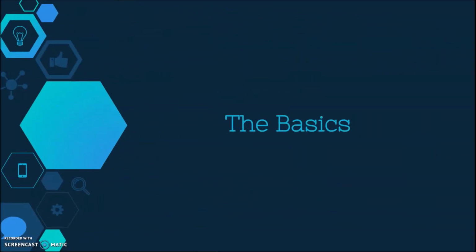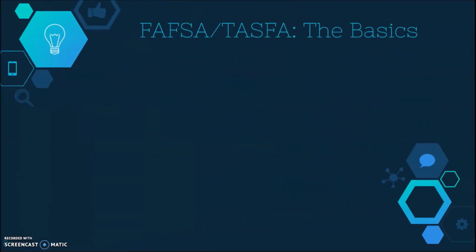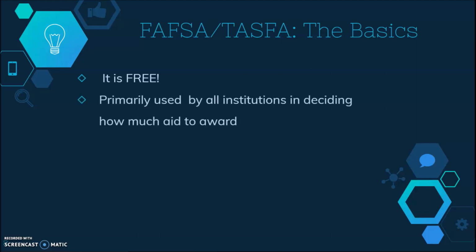Next, we're going to discuss general information about financial aid applications. While there are separate applications for federal and state aid, for the most part, they are used the same way. The applications are free to complete and are used by most universities to determine how much financial aid should be awarded. Both applications will be available on October 1st to award financial aid for the 2021-2022 school year.